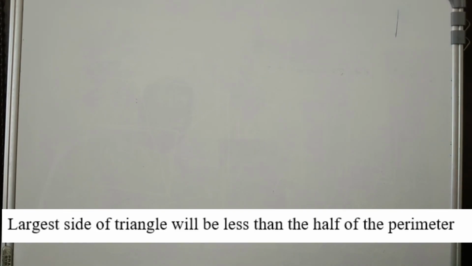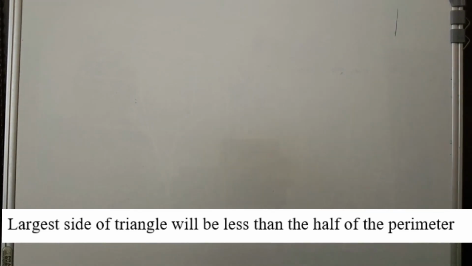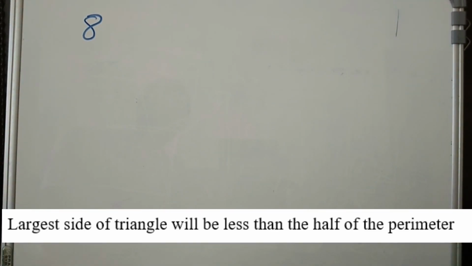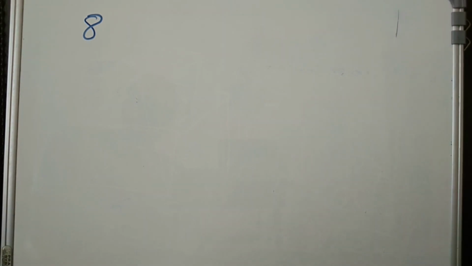If we realize this point, then the biggest side of the triangle can be 8, because 18 is the perimeter, half of the perimeter is 9, and less than 9 is 8. I have to look only for integers. So 8 is the longest side possible.